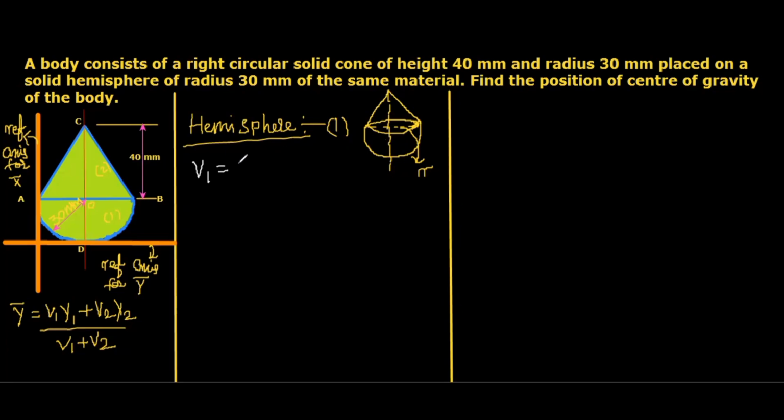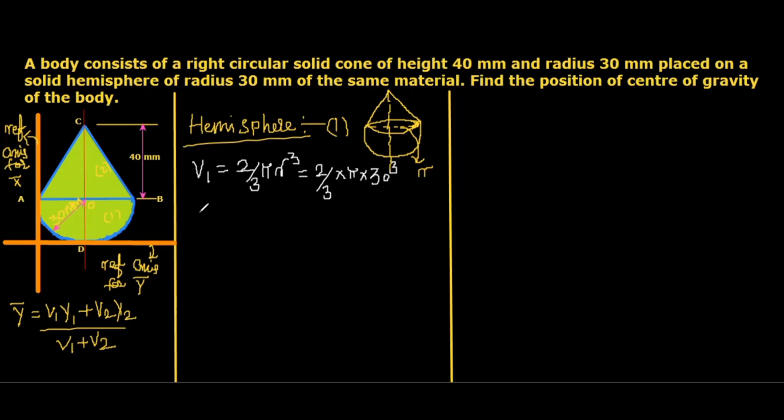So it will be 2 by 3 pi r cube. Here you can see the radius r is given as 30 mm. So this equals 2 by 3 multiplied with pi multiplied with 30 power 3.